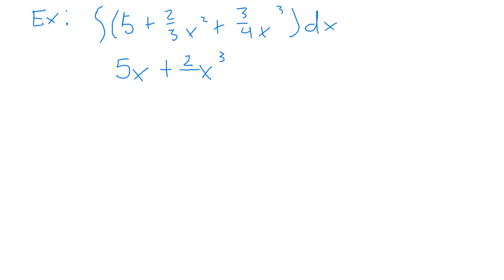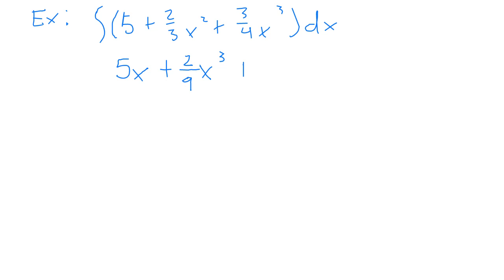If we derive this and bring this 3 down, what do we need to get that 2/3? Well, we're going to have a 9, because that 9 and that 3 are going to cancel out. We can see this in a second when we derive this to double check our answer.